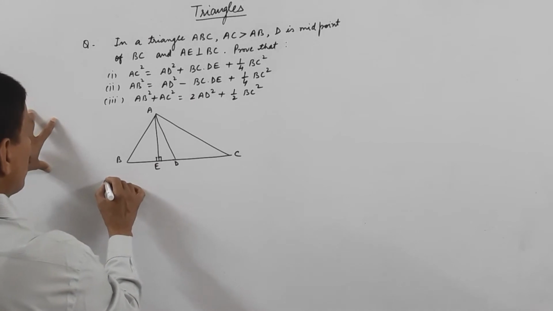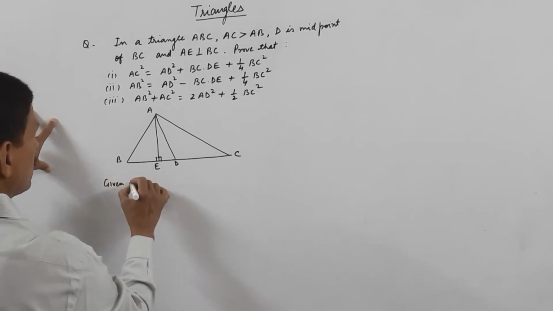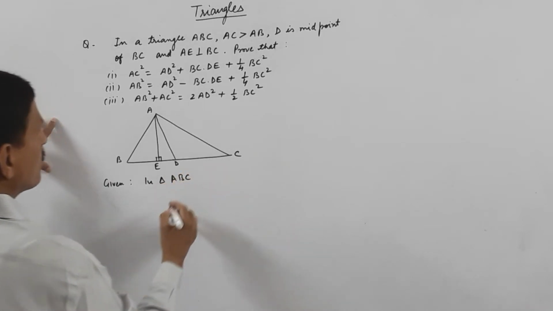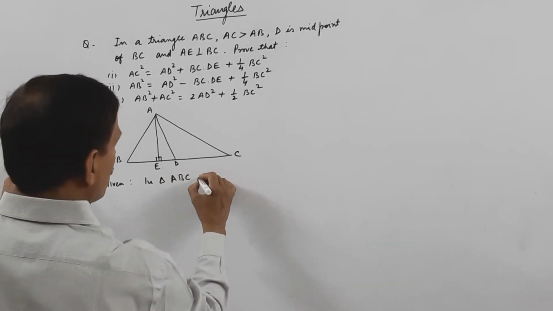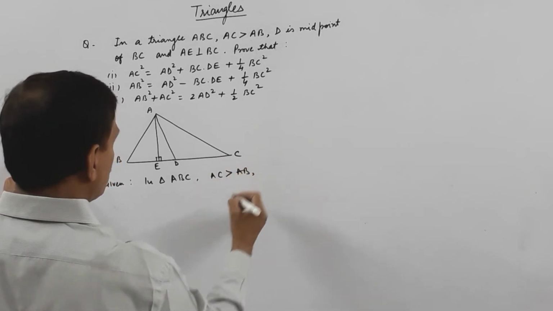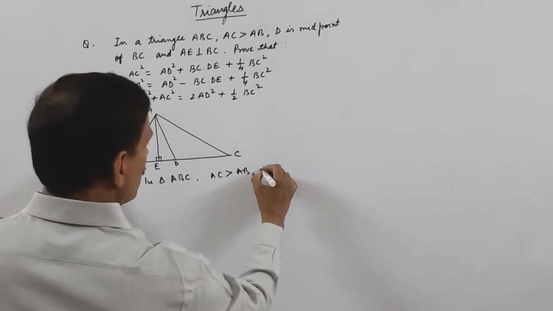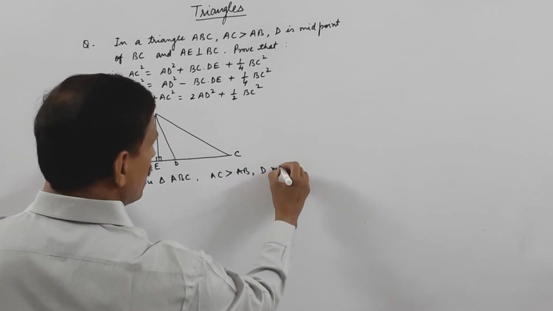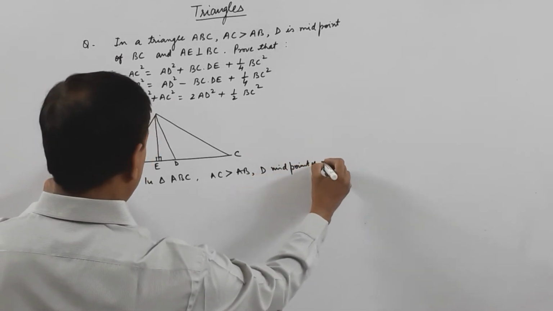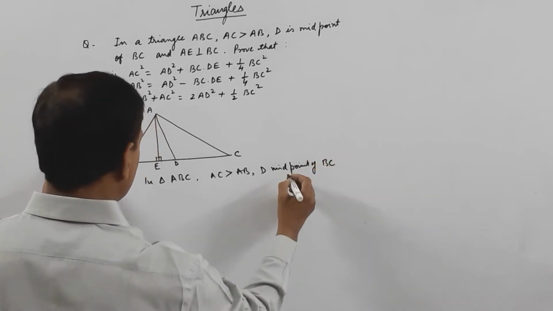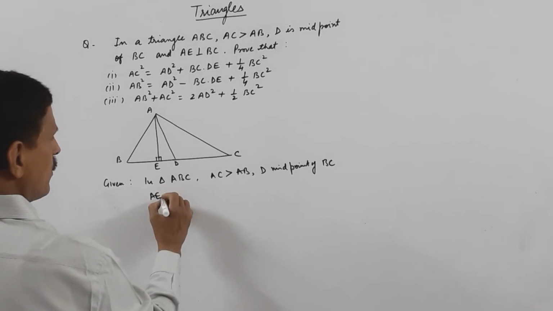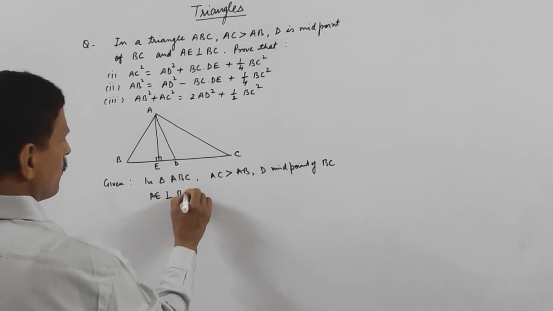Now we are given in triangle ABC, AC greater than AB, D midpoint of BC, and AE perpendicular to BC.